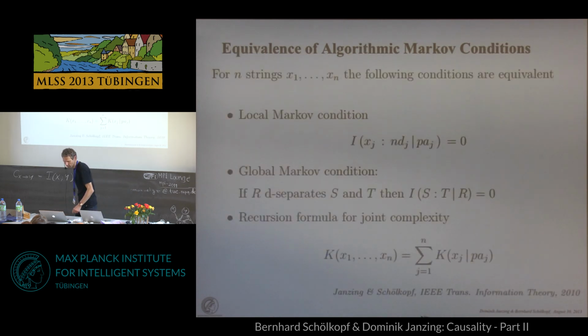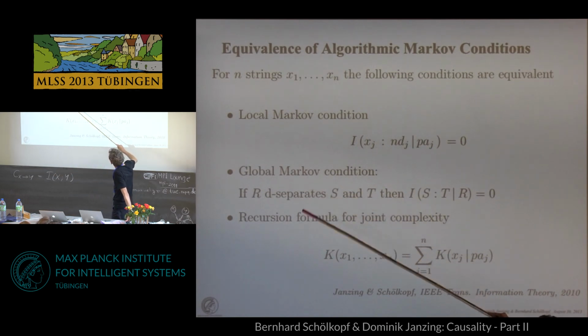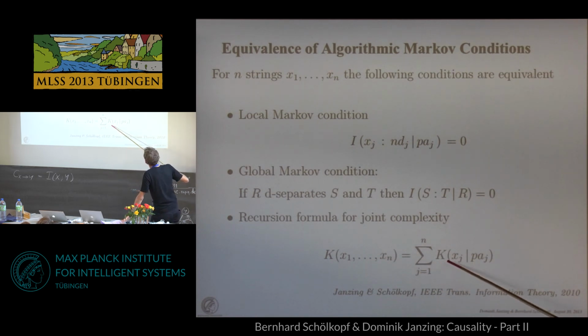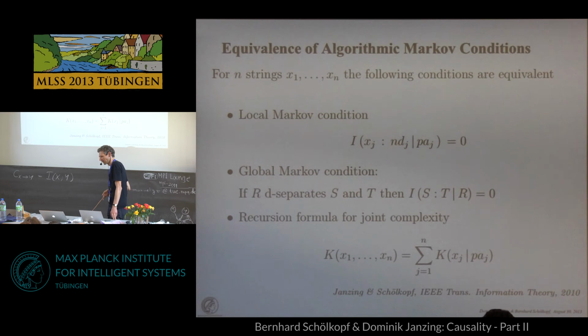And then we were able to prove that we have 3 equivalent Markov conditions in analogy to the statistical case. The recursion formula is slightly different because you have here a sum instead of products, because basically if you replace k with the logarithm of a probability, then you get the same.